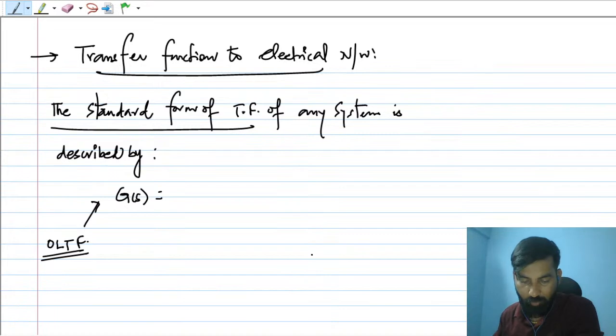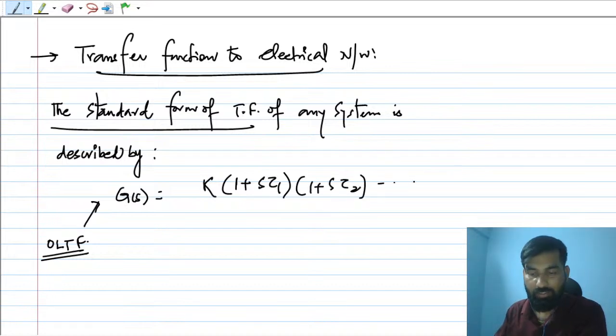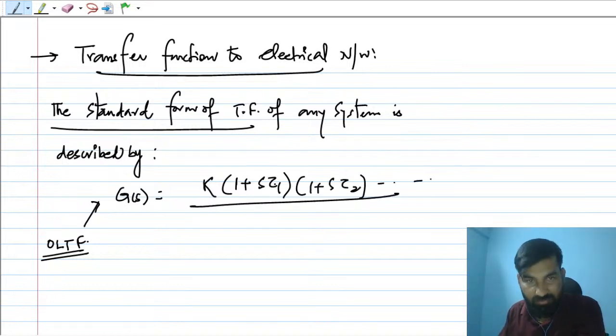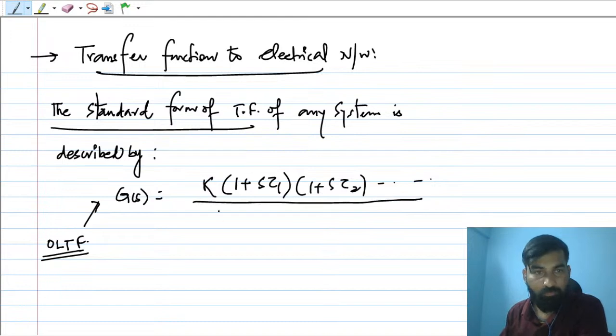It will be of the form, keep in mind this, K times (1 plus s tau 1)(1 plus s tau 2), and so on, where tau 1 and tau 2 are the time constants of the system or the network, upon s to the power n, (1 plus s tau a)(1 plus s tau b), and so on.